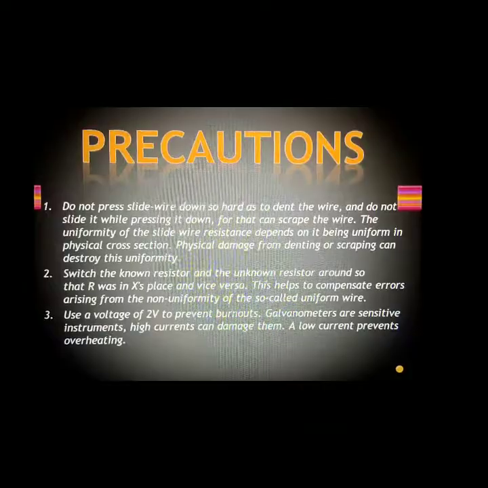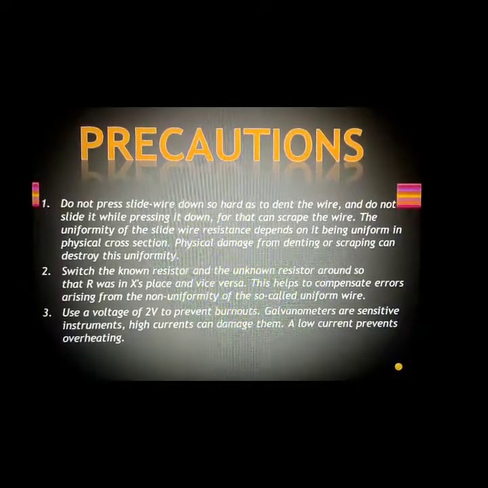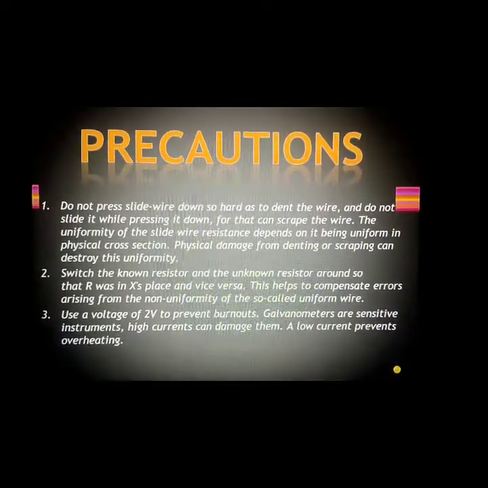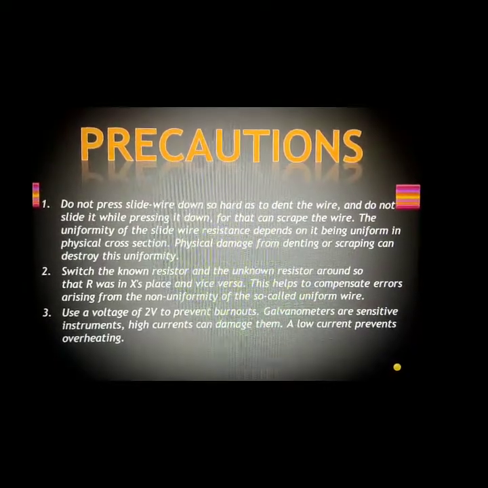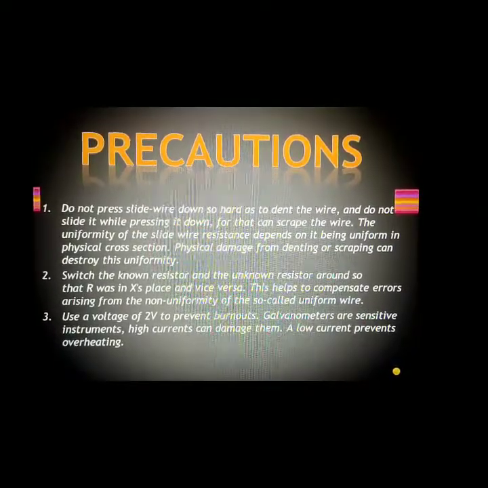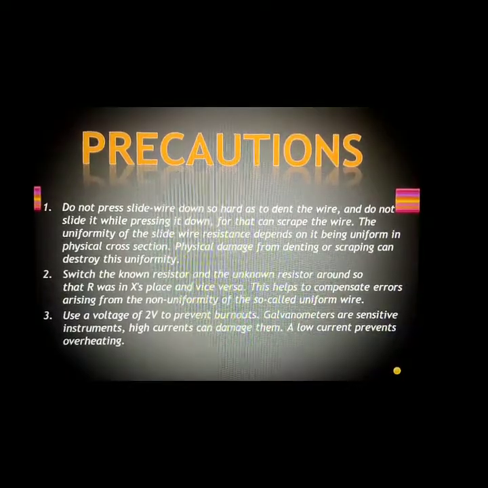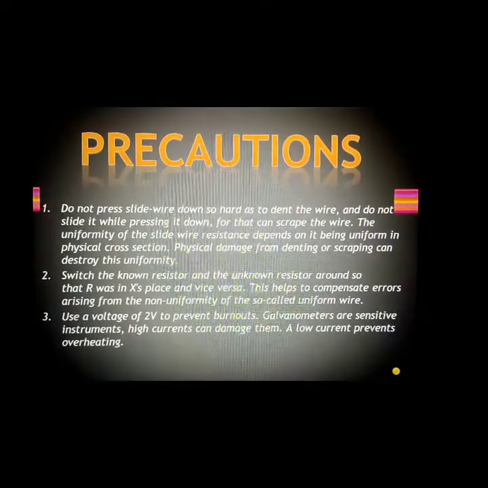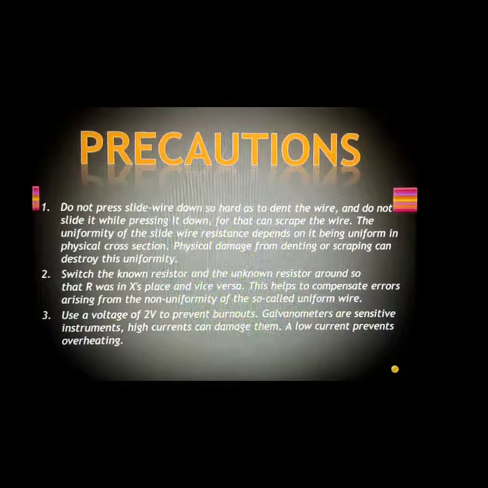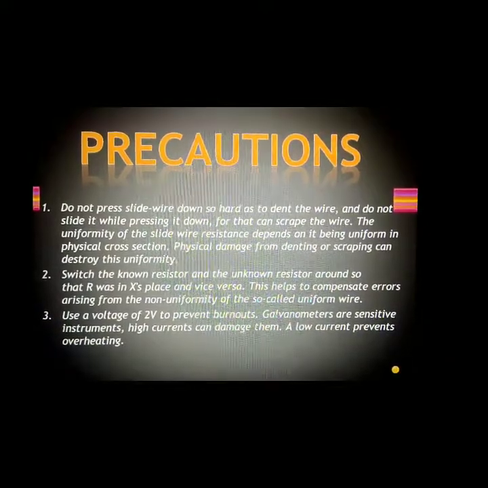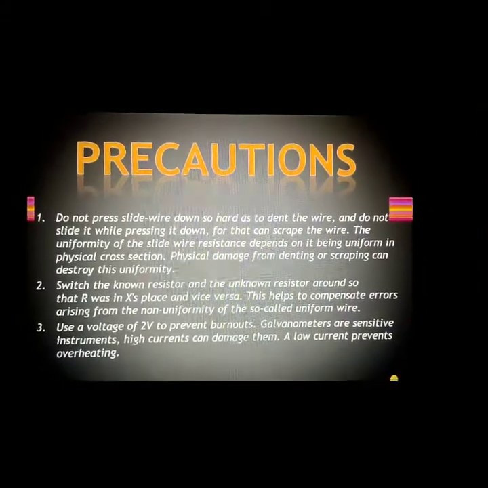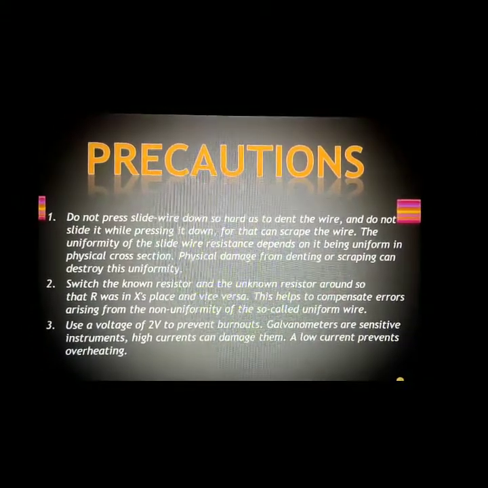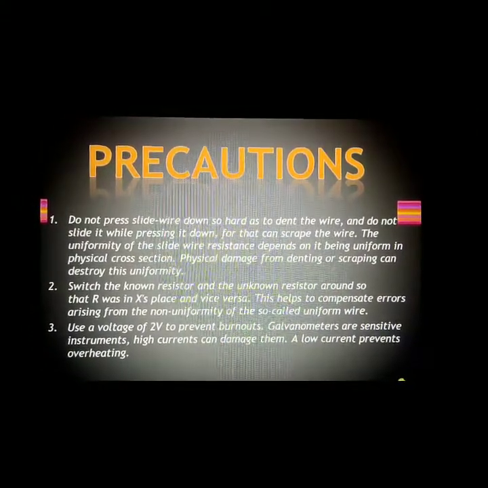You would have to keep in mind the following precautions. Do not press slide wire down so hard as to dent the wire, and do not slide it while pressing it down, for that can scrape the wire. The uniformity of the slide wire resistance depends on it being uniform in physical cross section. Physical damage from denting or scraping can destroy this uniformity.